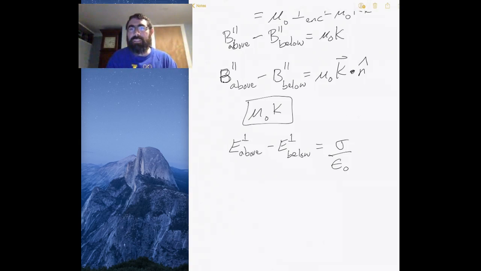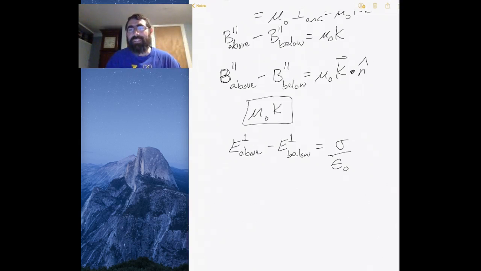So nature again gives us these parallels: the discontinuity in the electric field was basically caused by the charge, and the discontinuity in the magnetic field is caused by the currents.